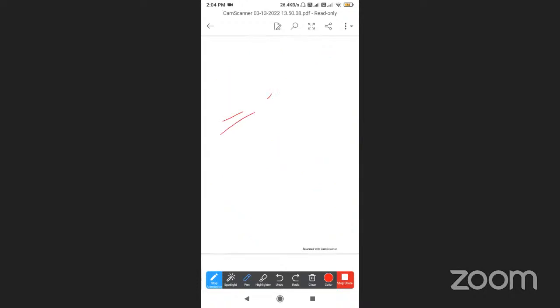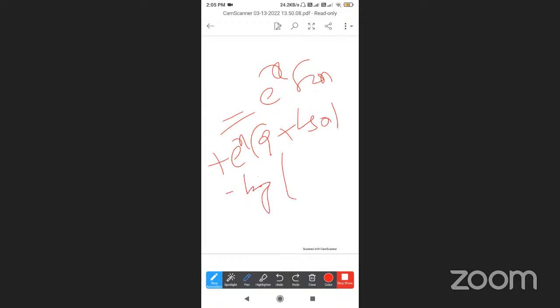So it is e power of x sin x plus e power of x into (2 plus cos x) into the logarithm, minus the limits from 0 to x.